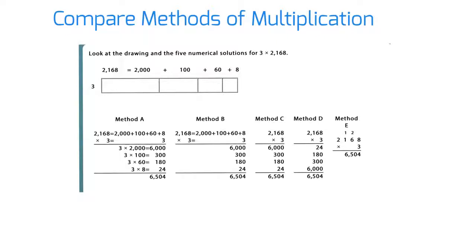In methods A and B, again, those both use expanded form, but one is showing the equation for each partial product, and in method B there is no equation shown. So method E is also showing new groups above, whereas methods D and C show partial products. So there are some differences.